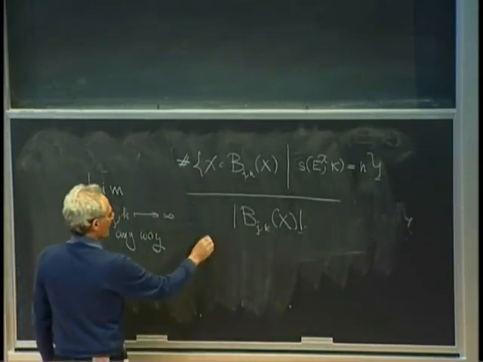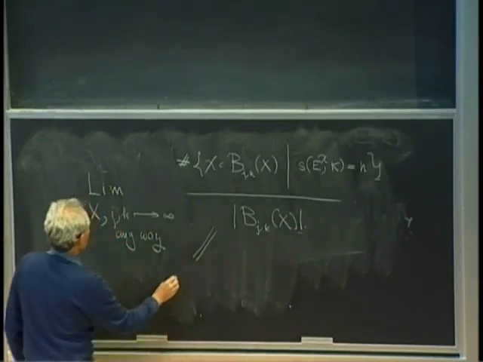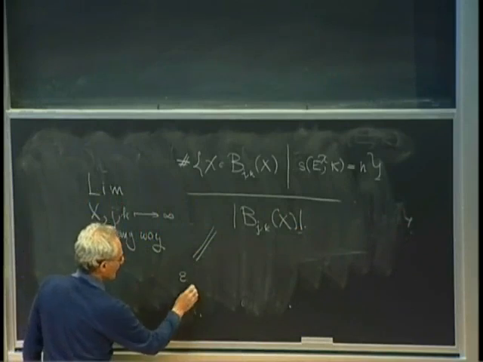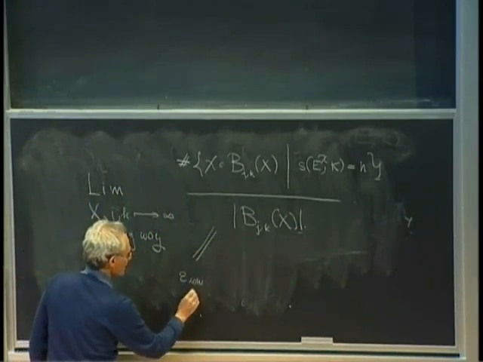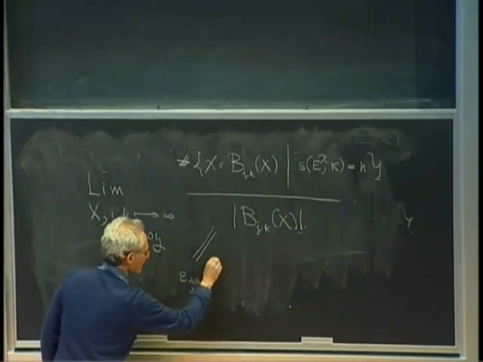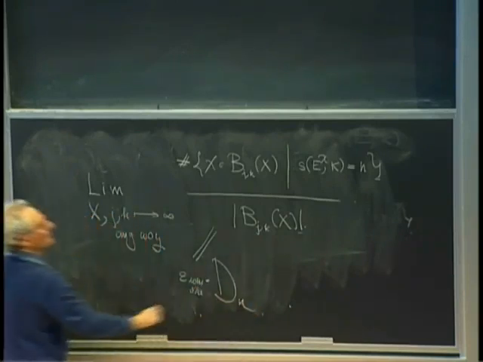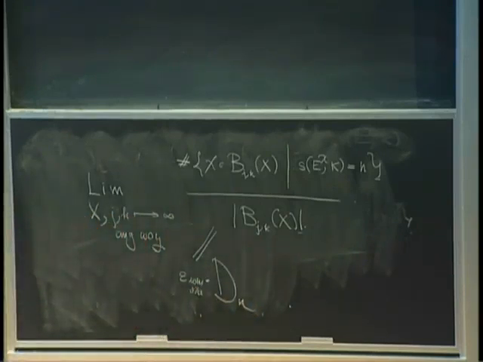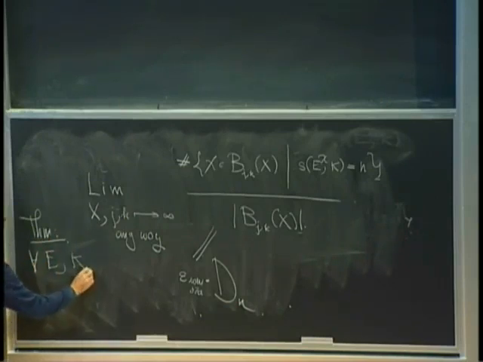That limit is equal to epsilon, even or odd, depending upon when n is even or odd, times the d_n in that Markov process. That's the theorem. And the theorem is for all E and K subject to surjectivity of G_K.